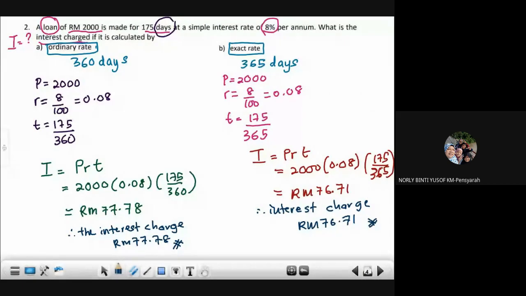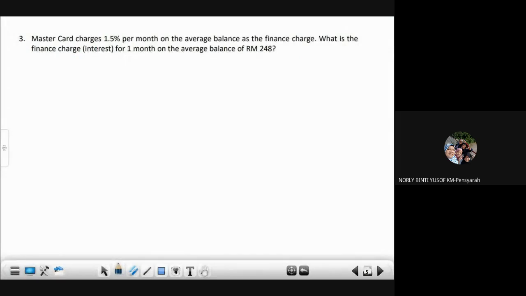Okay, and then we go to example 3. Mastercard, credit card lah kan, charge 1.5% per month. So this is considered as your R. For month on the average balance as the finance charge. What is the finance charge? That means your interest, I lah. For 1 month on the average balance of 248.